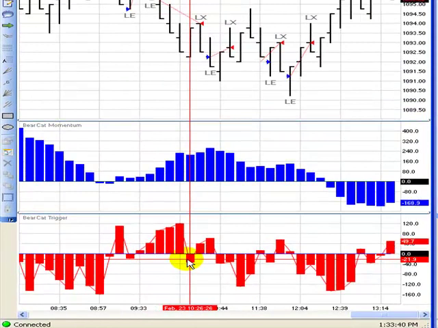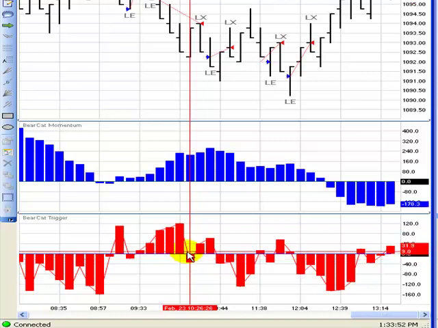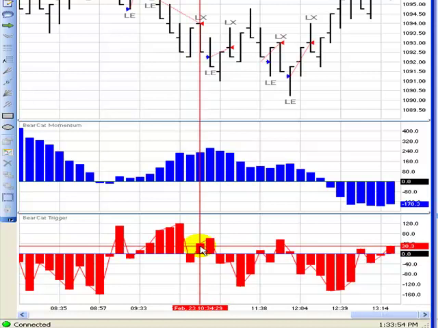Now what I'm looking for, because my momentum is above 0, I'm looking to go long. That's all I will do. So now I'm looking for my trigger indicator to cross from below 0 to above 0. That happens right here. Next bar, I am in the trade, no matter where that bar takes place at. So opening of the next bar, we are in the trade.